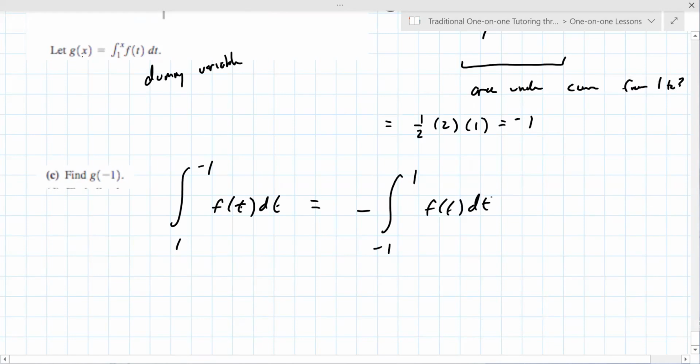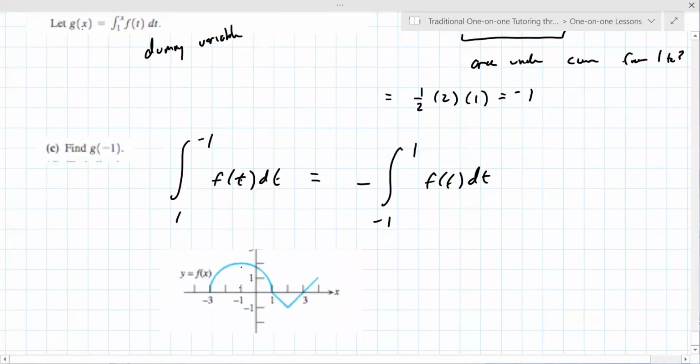The area from -1 to 1 is this part of the circle, which is a quarter circle. So the area of a quarter circle is pi r squared divided by 4.